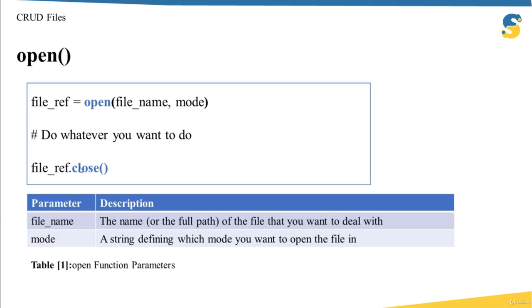File name is a string, and usually should be just the file name if it's available in the same current working directory, or you have to specify the full path of the file that you want to deal with. Mode is a string defining which mode you want to open the file in, and we will talk in detail later on about mode. From this syntax, we can understand that whenever we want to deal with a file, we use the function open first, and this is quite important.